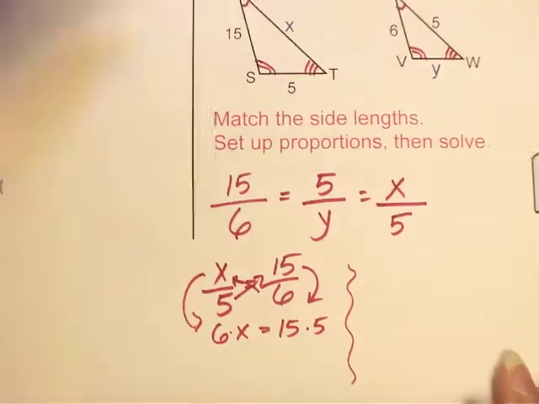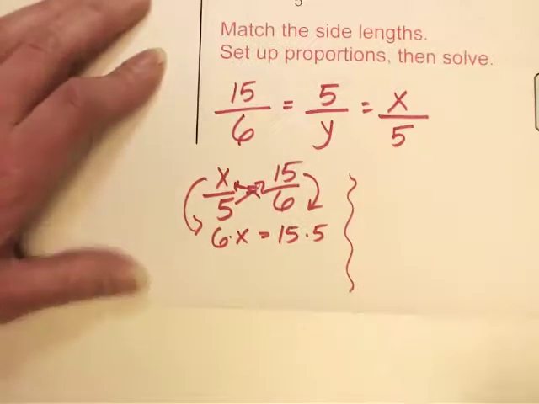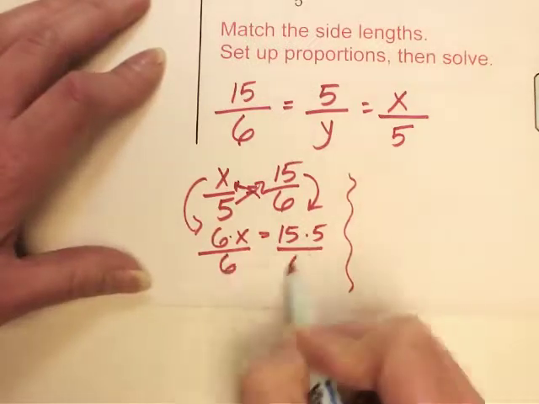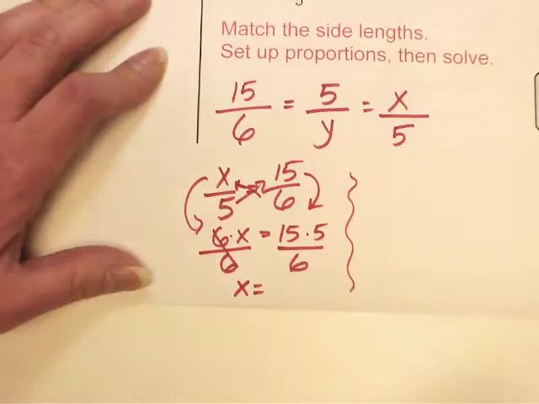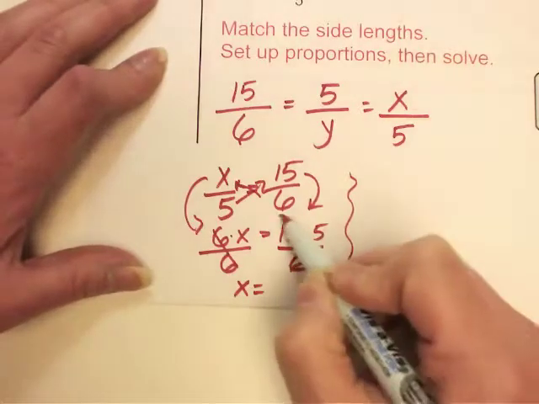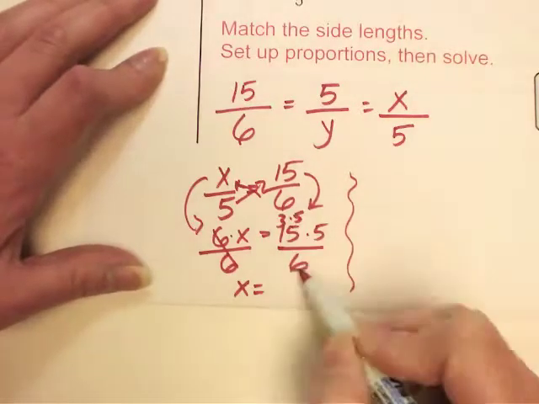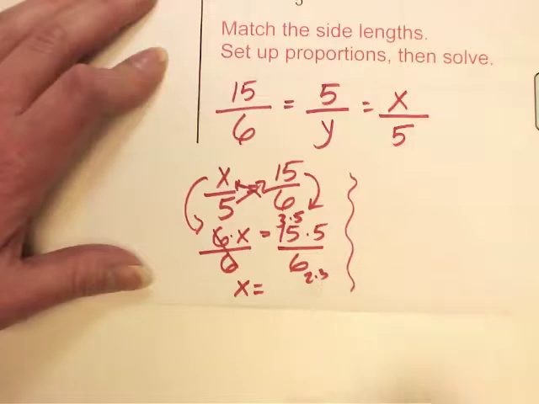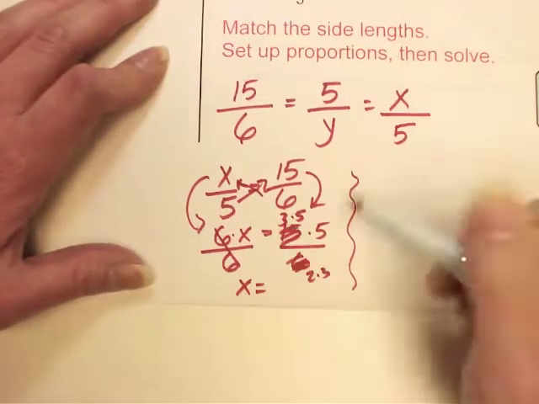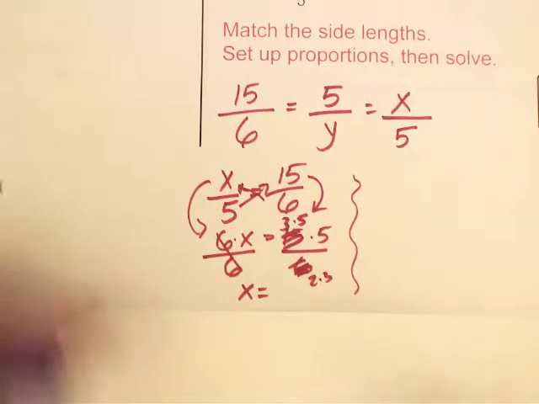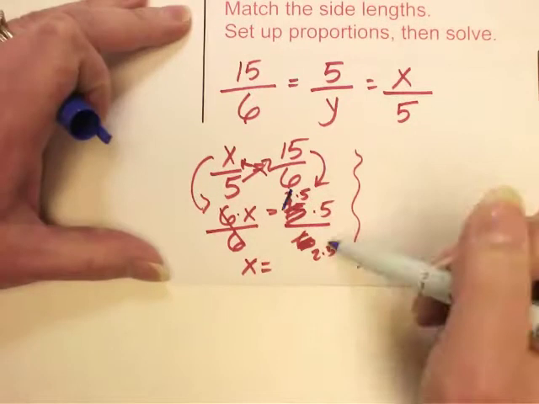Okay, I'm going to go ahead and use a little shortcut here instead of multiplying that out. I'm going to go ahead and divide by 6. So I get X equals, and I'm going to go ahead and factor and reduce. I know that 15 is 3 times 5. And I know that 6 is 2 times 3. So can I reduce any of these factors? So I'm replacing this. So I notice that I can cancel out the 3's.